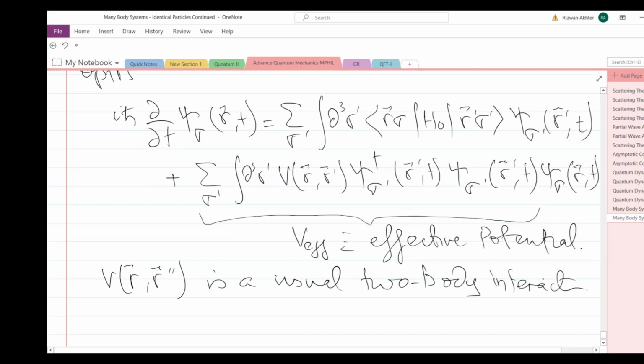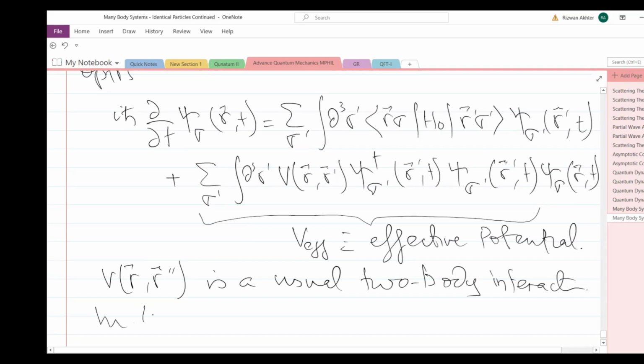Basically, the equation shows how the field operator at one point, let's say r, depends on the field at all other points. So that is basically the utility of field description rather than quantum mechanical description.